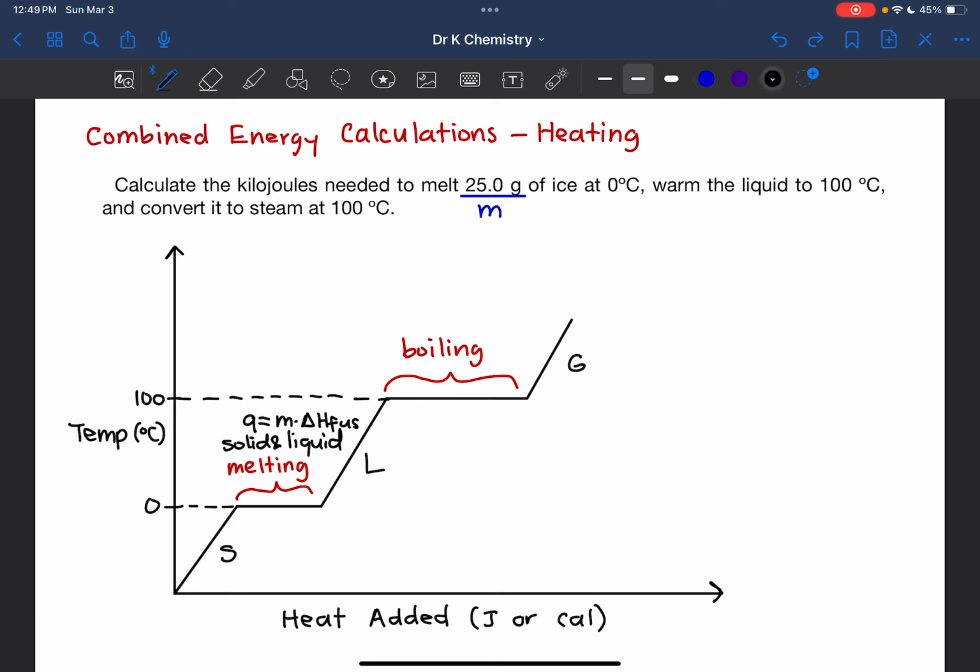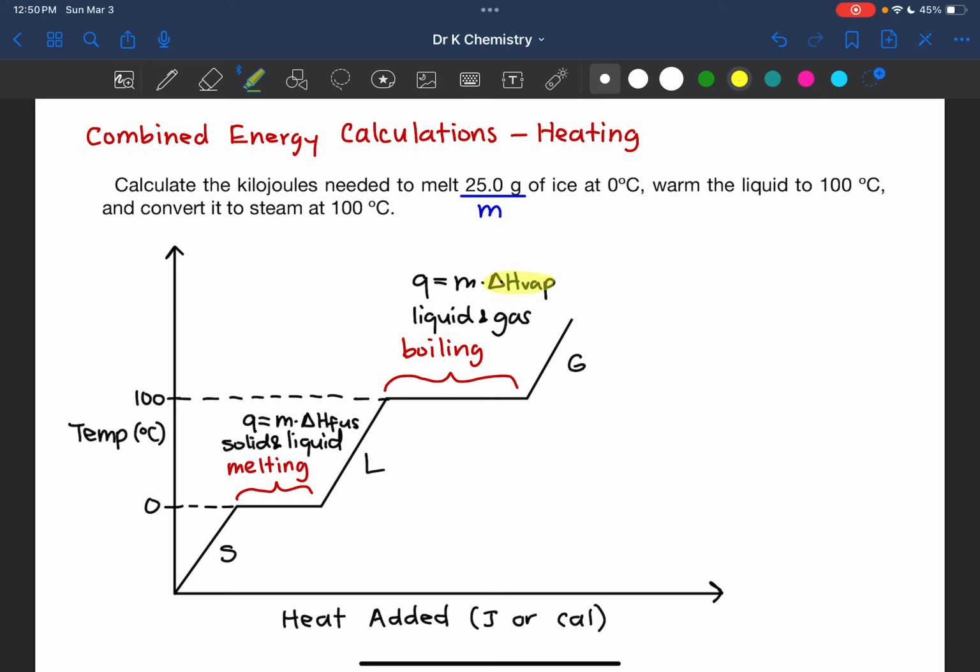If we are in the boiling process, then we have a mixture of liquid and gas. So similarly, this is a phase change, and because there is a phase change, there's no change in temperature. So we're going to use a very similar equation. Here it's going to be Q equals mass times the heat of vaporization.